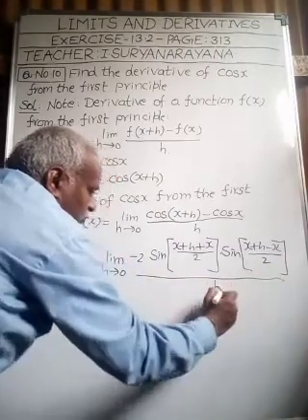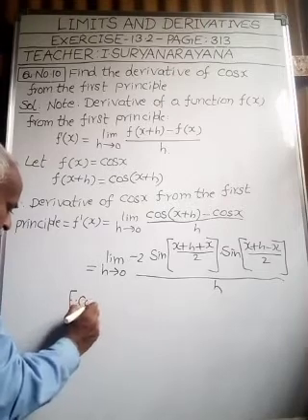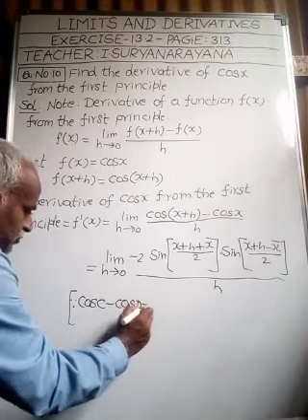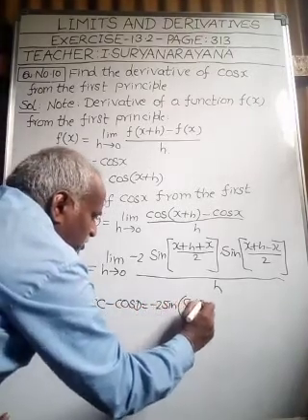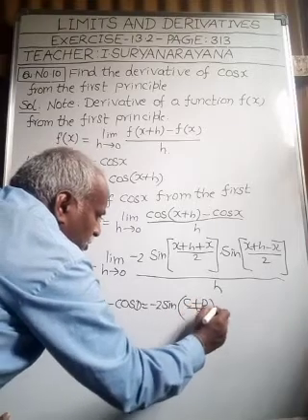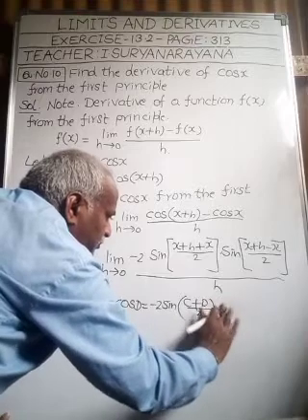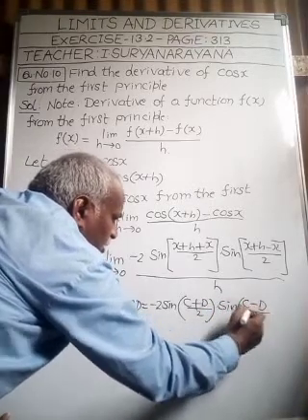In the numerator, we used this formula: cos C minus cos D is equal to minus 2 sin of C plus D by 2 into sin of C minus D by 2.